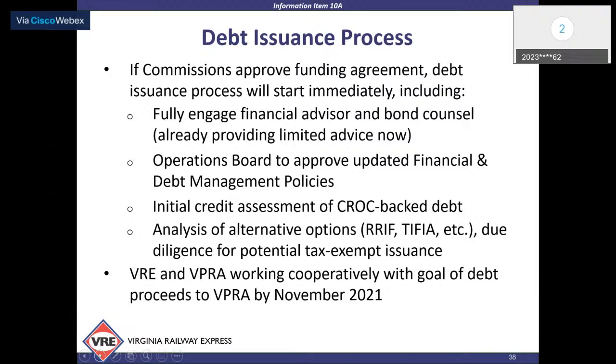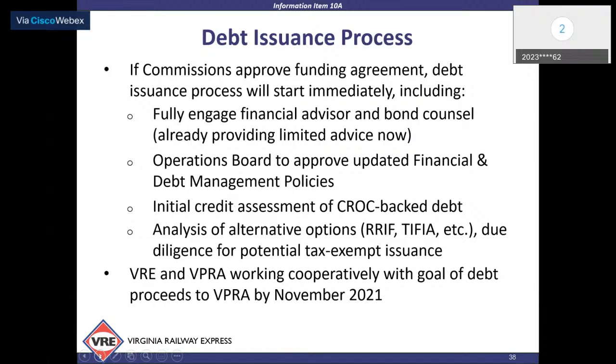Our goal, again, working very closely with DRPT and VPRA, would be to have this in place and have the proceeds in hand one year from now. That is pretty aggressive. There are things that could come up that could impact the timeline. If we did go the RIF or TIFIA route, we would expect to have negotiations with the feds.